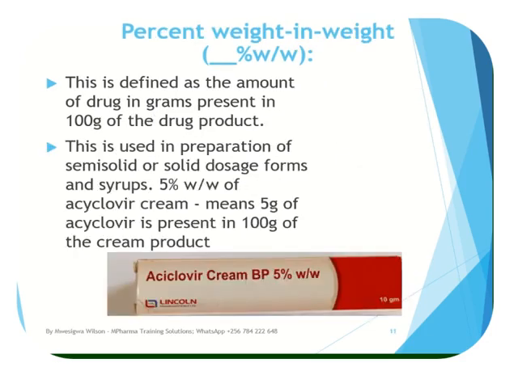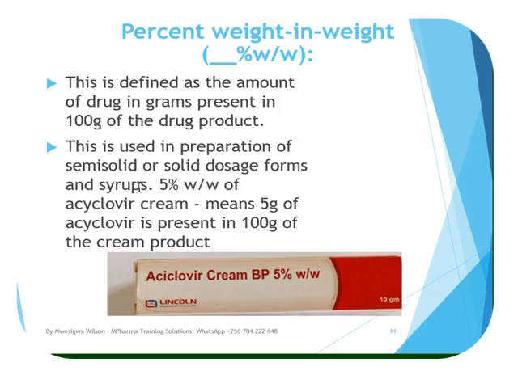The other one is percentage weight in weight. This is defined as the amount of drug in grams present in 100 grams of the drug product. This is used in other dosage forms like semi-solid and solid, such as powders. Even syrups, as we shall see at a later stage.